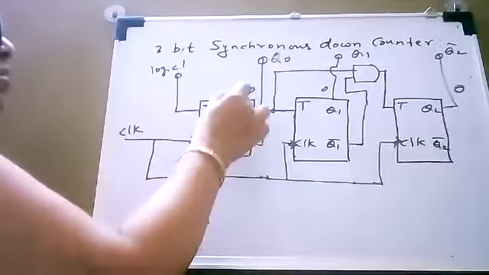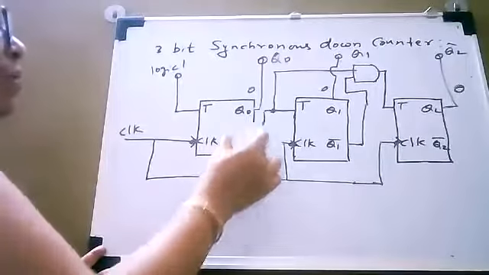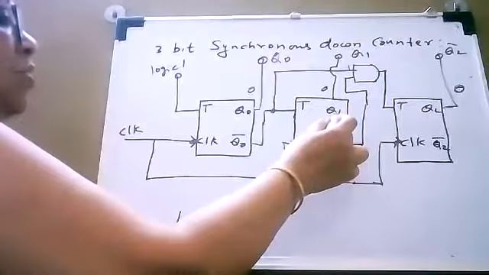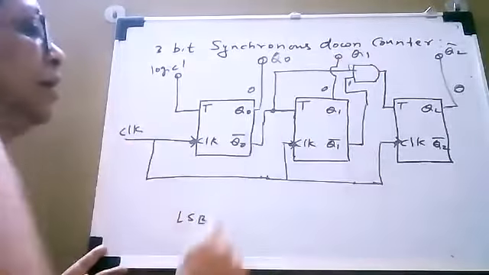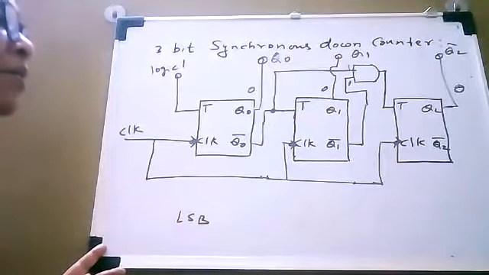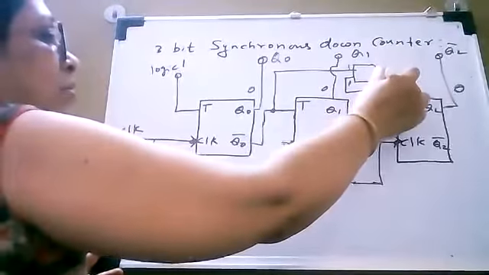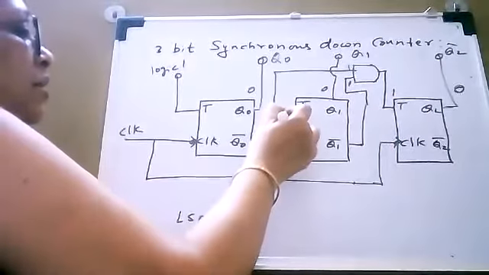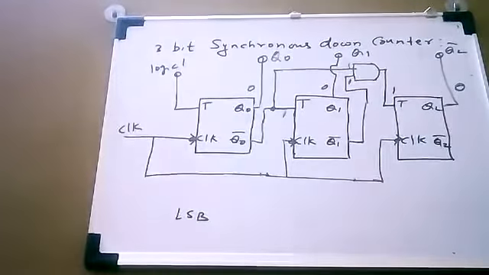Okay. Now as you can see, as Q0 is 0, Q0 bar will be equal to 1. And again, as Q1 is equal to 0, Q1 bar will be equal to 1. So at the input of the AND gate, there is 1 and 1. Therefore, 1 dot 1 is going to produce 1. Okay. So again, you can observe here, there is a 1 at the input of the second flip flop, 1 at the input of the third flip flop, and 1 at the input of the first flip flop also.